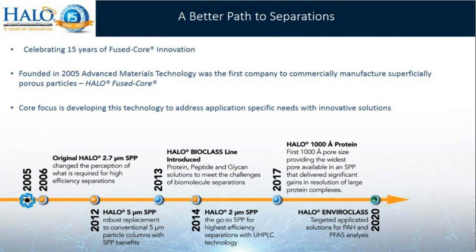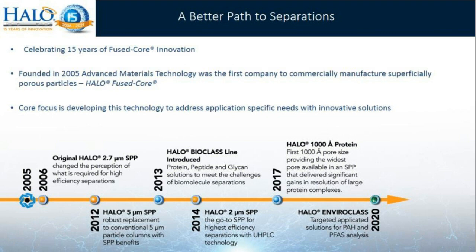Here at Advanced Materials Technologies, it's a banner year. We're celebrating our 15th year in existence. We started in 2005 specifically to bring to market superficially porous particulate materials for analytical applications. Our focus has been largely on this in the last 15 years with the continuing development of the technology to address analytical applications.